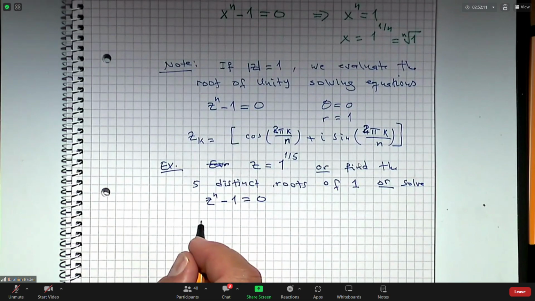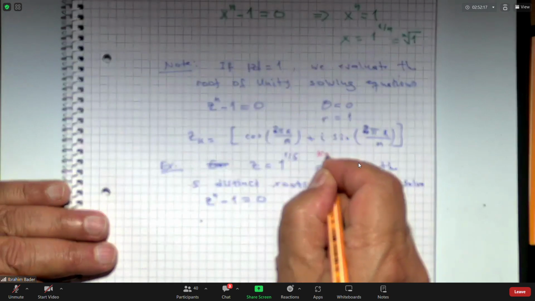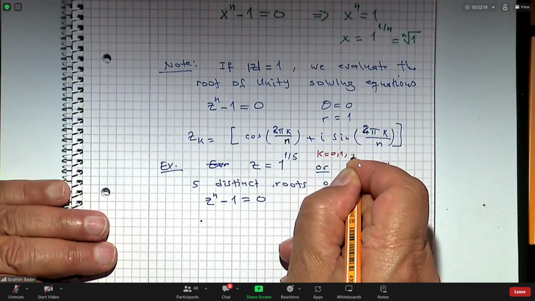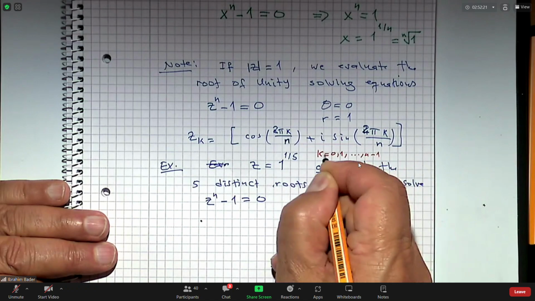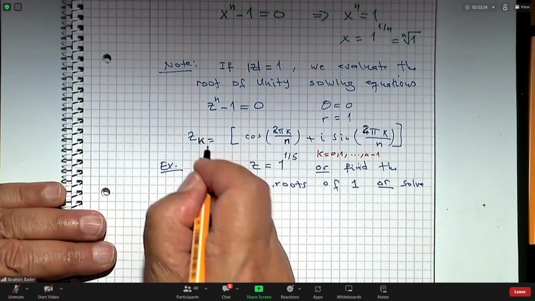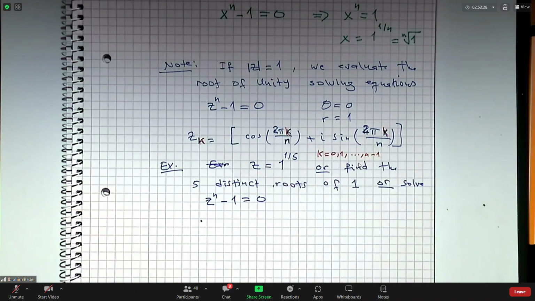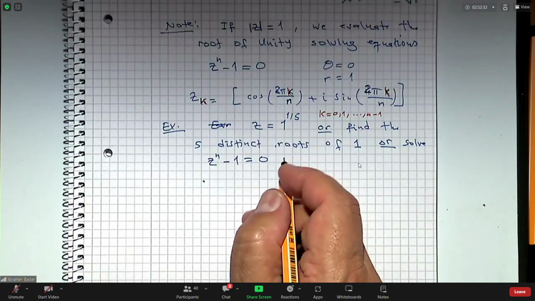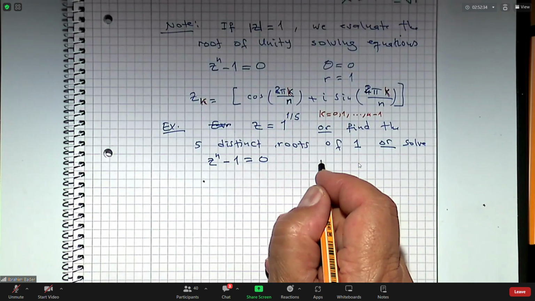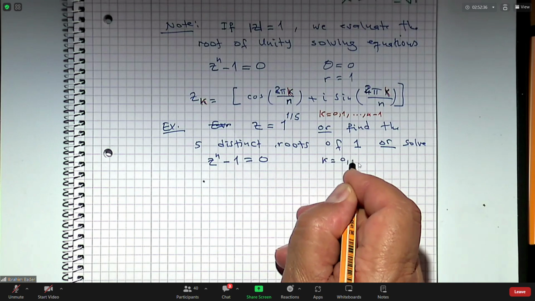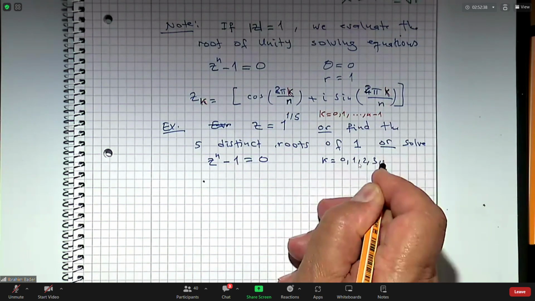So the first root, and here, I'm sorry, I forgot it, k runs from 0 to n minus 1. So this is important together with this formula. Now this means I need to evaluate, so k runs from 0, 1, 2, 3, and 4.